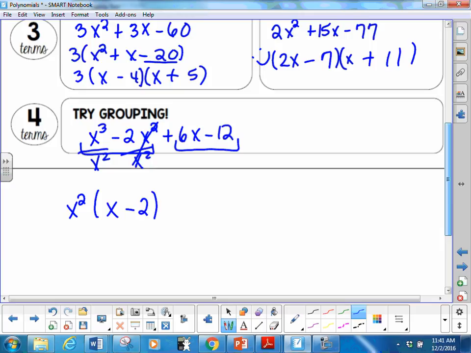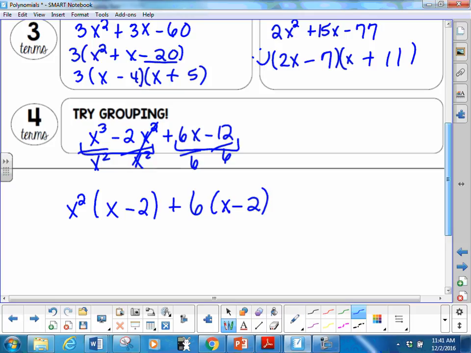I'm going to drop my plus sign down. What's the greatest common factor between these? Now, stand back. If you've done it correctly, you should have identical factors. Do you see 2 identical factors? X minus 2.